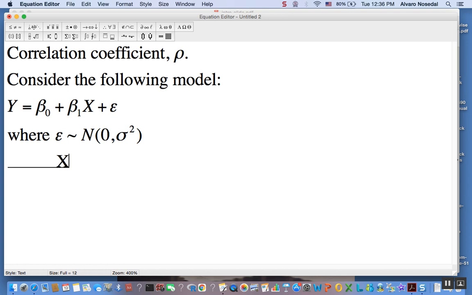In this case, we're going to assume that x itself, the predictor variable, is a random variable, also with a normal distribution, a particular mean mu sub x, and with its own variance sigma sub x square.